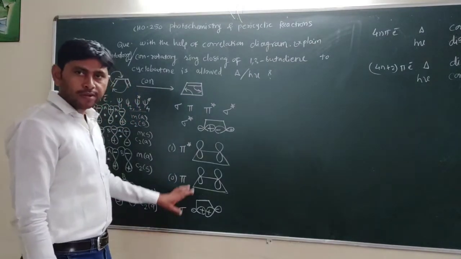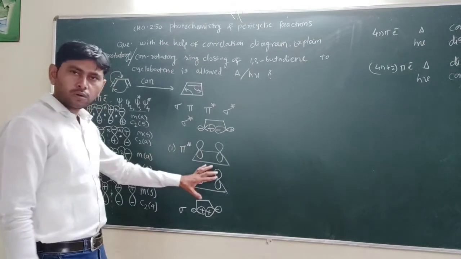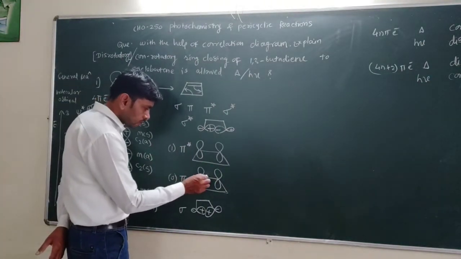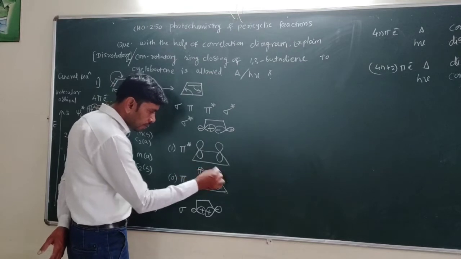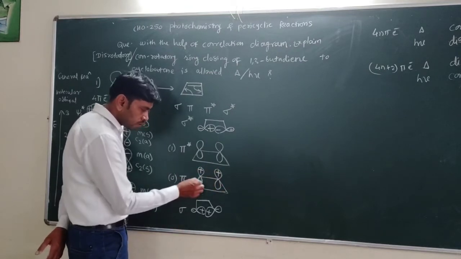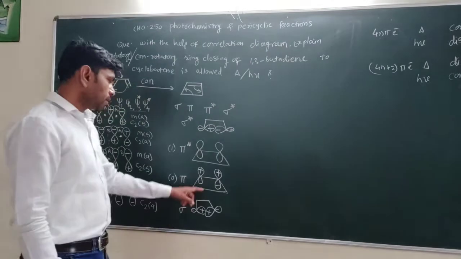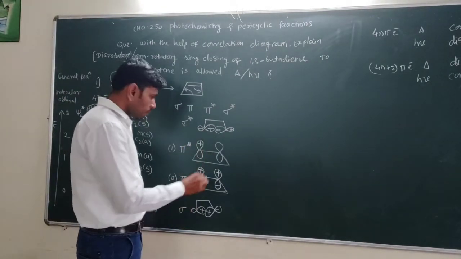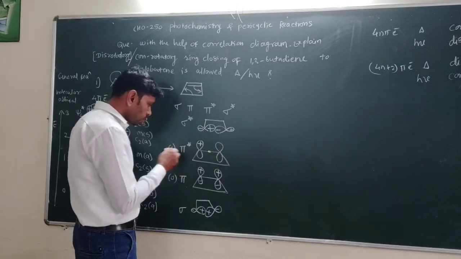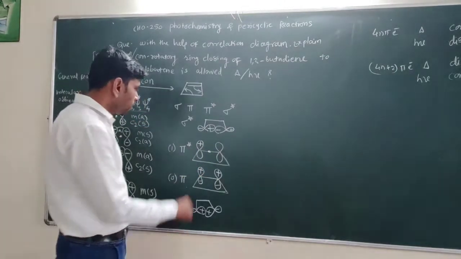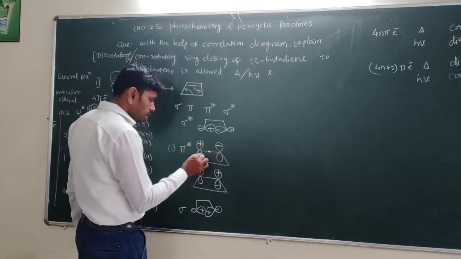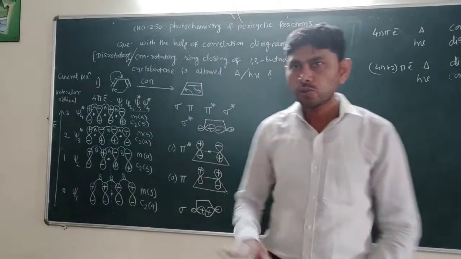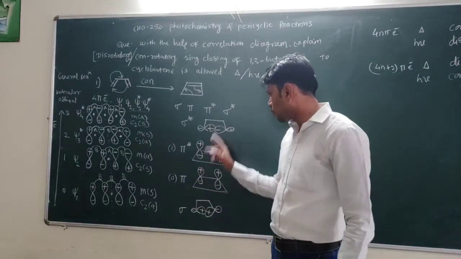In pi orbitals we have to draw the nodes to see the orbital symmetry. With 0 nodes, plus sign and again plus sign, because there is no node. Plus plus. In this case, plus sign is there, but one node is there, so we put this node symmetrically: plus and here minus. Now in this case minus and plus. So we have shown the symmetry in this way.